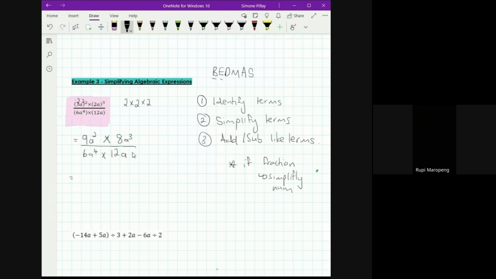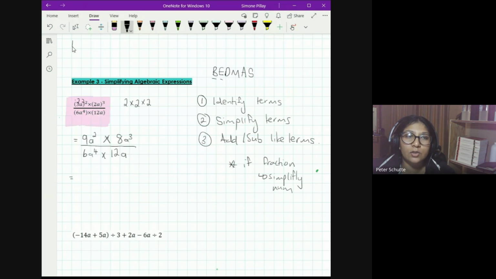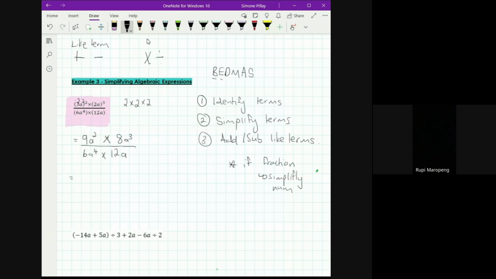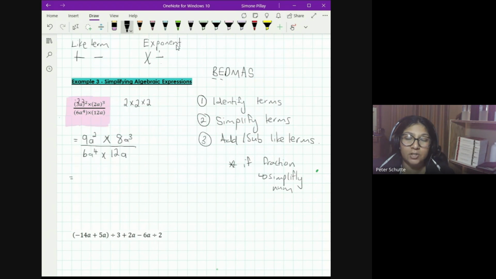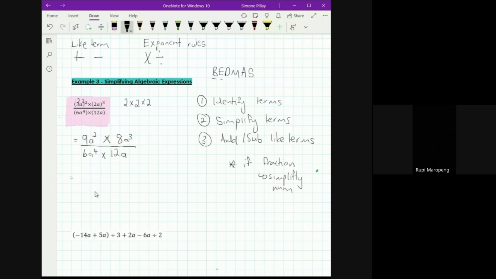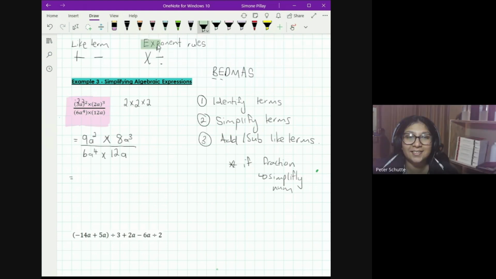Like terms. So remember, we only use like term rules when we have addition or subtraction. When we have multiplication or division, what do we use? Which rules?